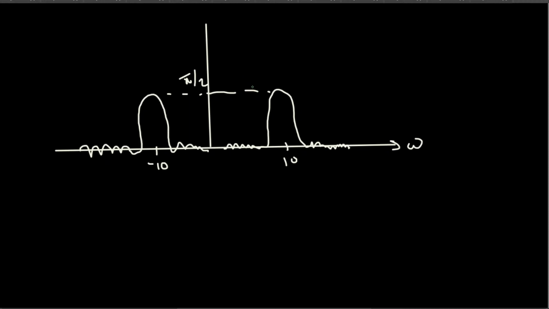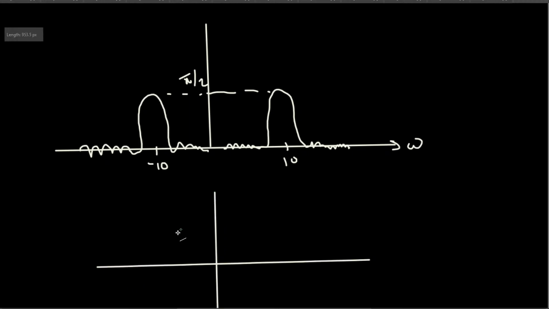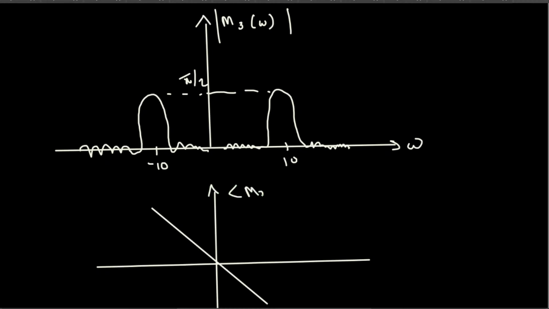For the phase spectrum, we have the exact same thing, a negative line like this. Here this one is the magnitude of M3(ω), this one is the phase of M3(ω), and this is ω, this is 0.